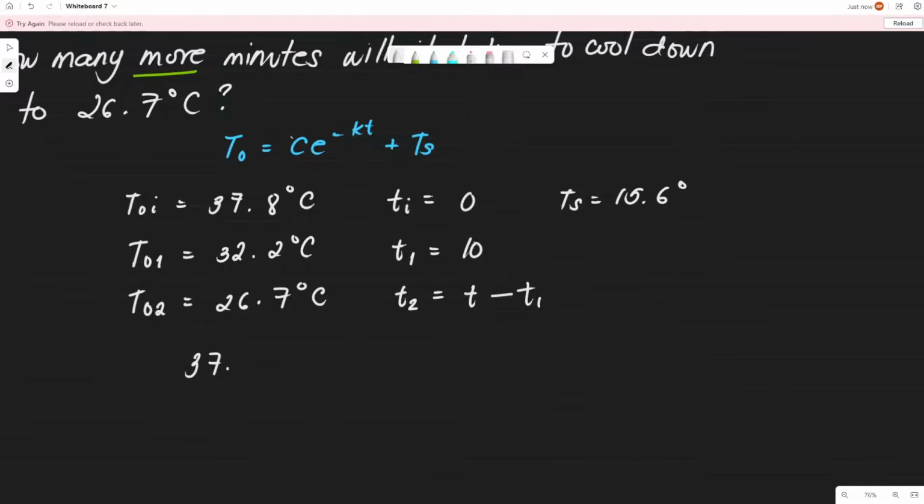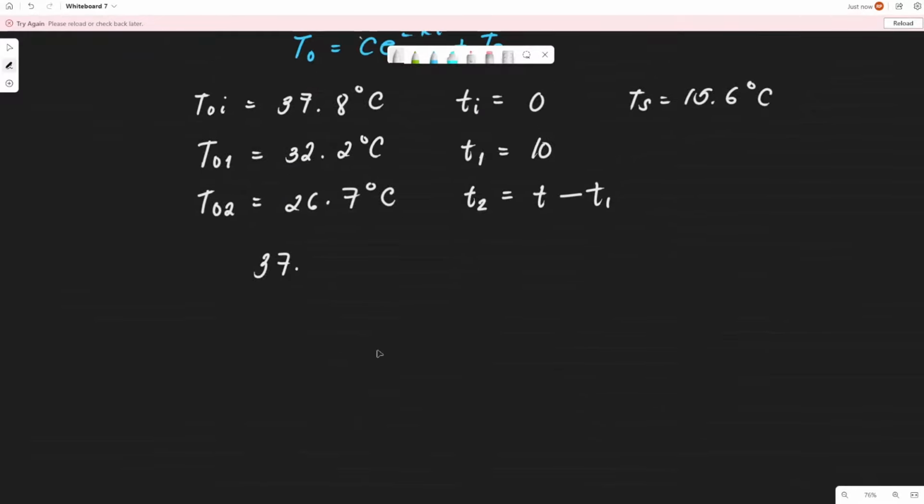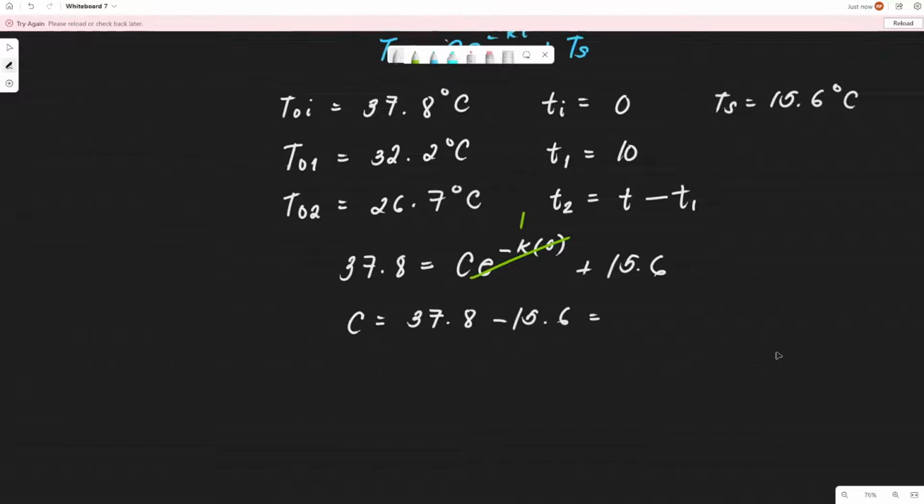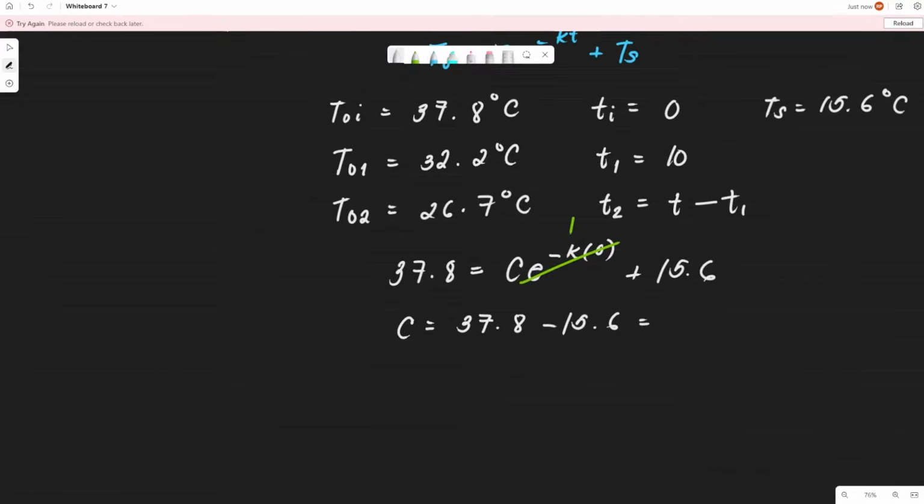So we have 37.8 is equal to CE raised to negative K times 0, that is T sub I, plus 15.6. This one is equivalent to simply 1. So we have C is equal to 37.8 minus 15.6. This is the value of C. Gamit tayo ng calcio, of course. Bring out ko lang yung calcio natin.